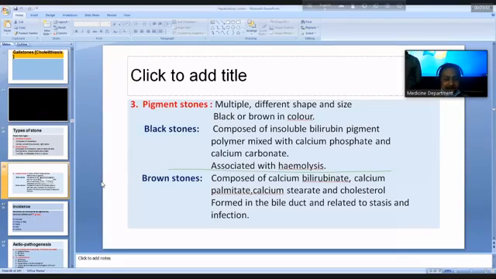So pigment stones are of different shape and size, black to brown in color. They are again divided according to underlying etiology: the black pigment stone and the brown pigment stone. Both are brown in color.